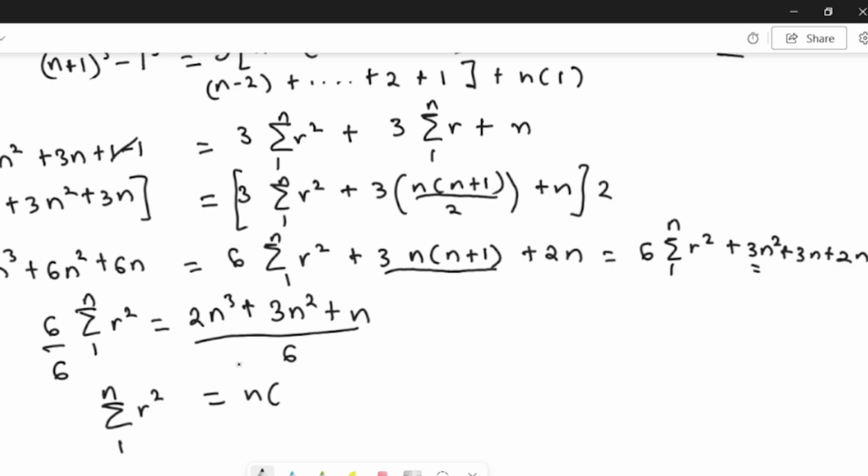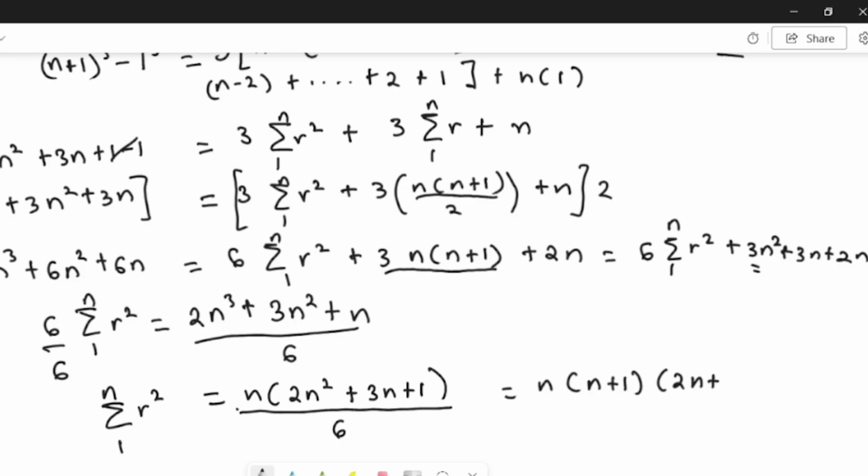We have n into 2n squared plus 3n plus 1 over 6. If you factorize our brackets, we're going to get n into n plus 1 into 2n plus 1, and now everything is over 6.